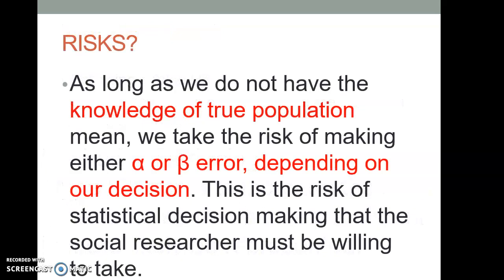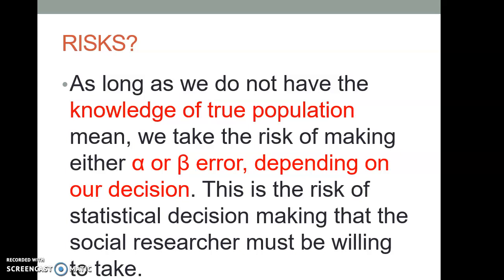Well, in our decision making in terms of the results based on our statistical techniques, we always commit either alpha or beta error depending on our decision. This is because, as we said, our samples only represent our population.